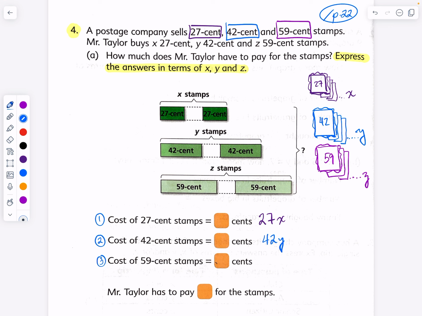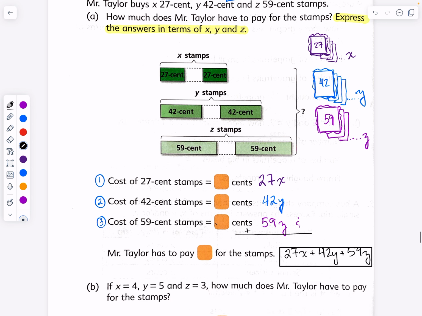And finally, he spent 59z, that's the number of cents, on his most expensive stamps. The question is, how much did he pay altogether? Let's add all of this up. The expression would be 27x plus 42y plus 59z. That is the algebraic expression.